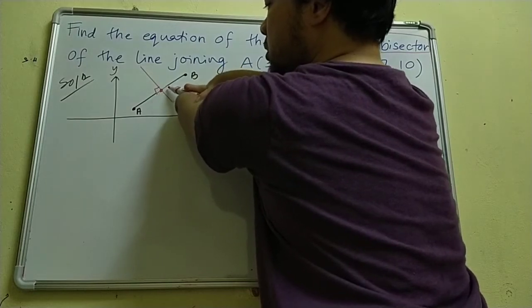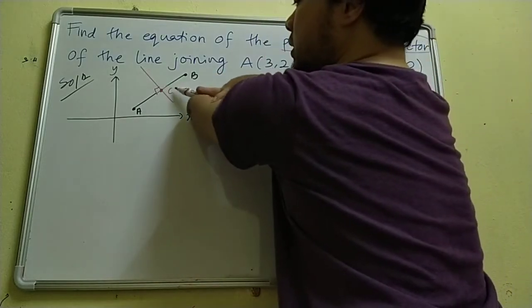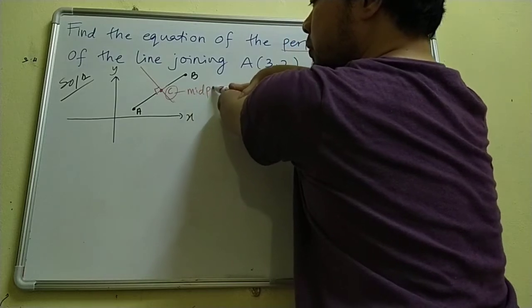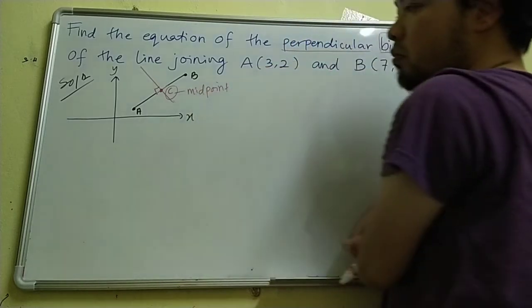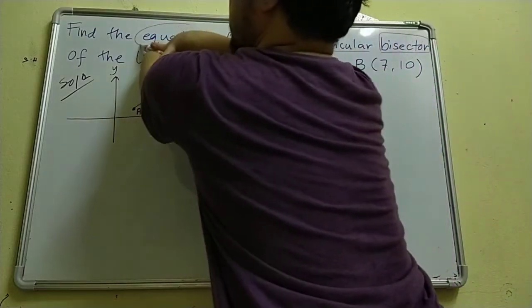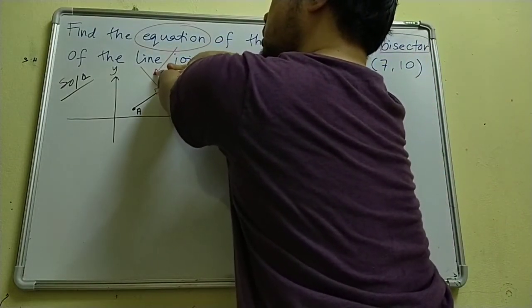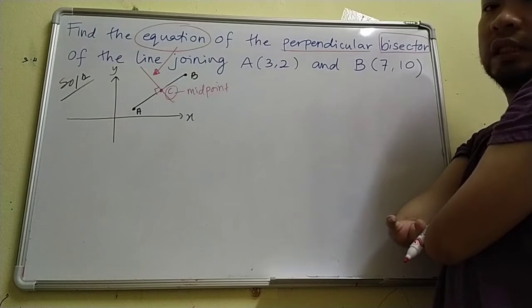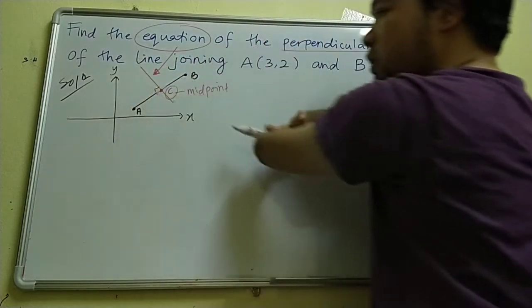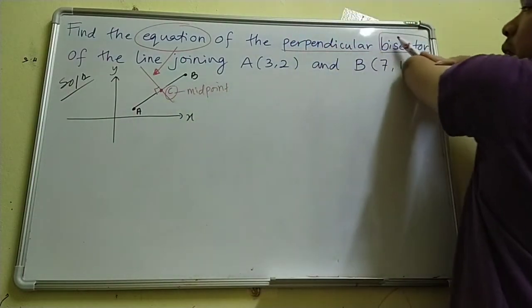Here let's call it point C, which represents the midpoint. So the equation that we are looking for is the equation of this red line. This red line is the perpendicular bisector.